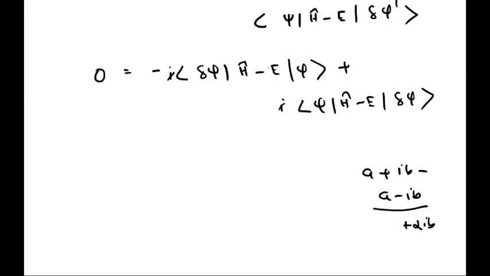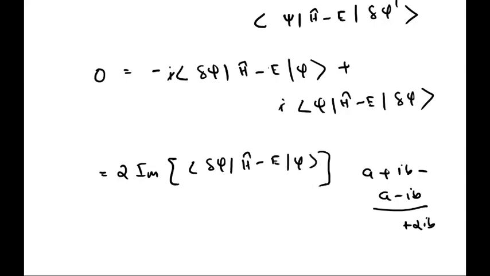So what we have is 2 times the imaginary part of <delta psi|(H minus E)|psi>.